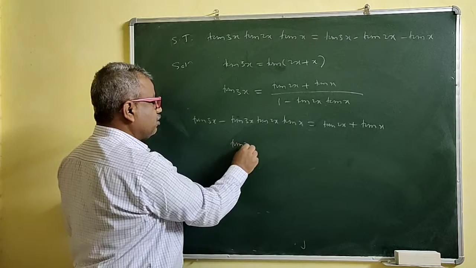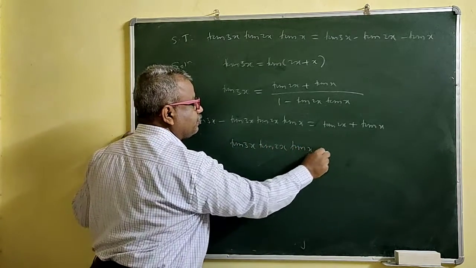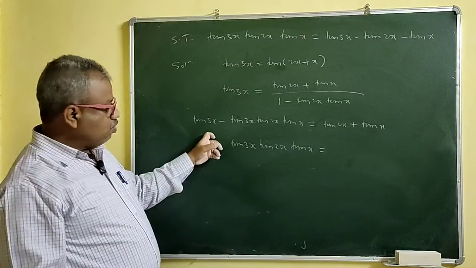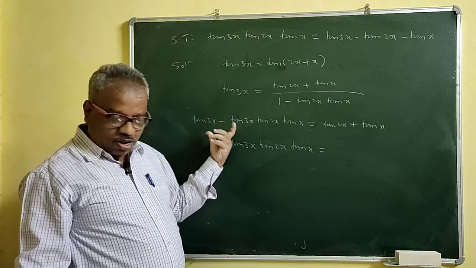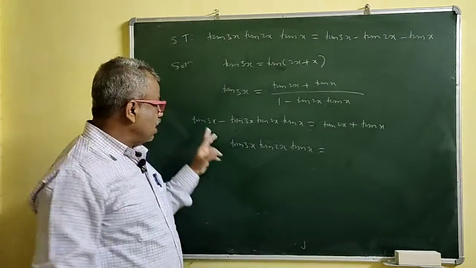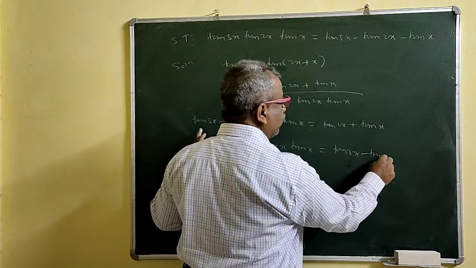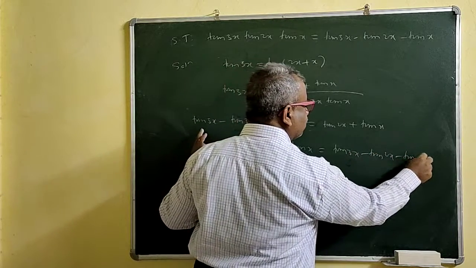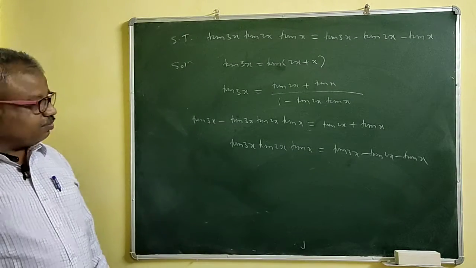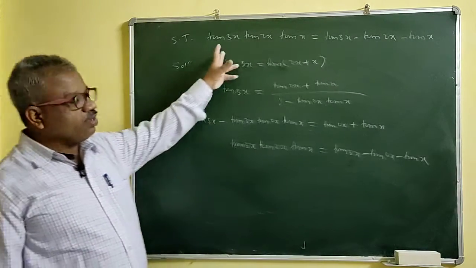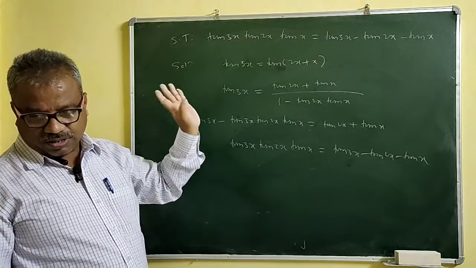Tan 3x tan 2x tan x is equal to tan 3x minus tan 2x minus tan x. Just like that, we are through. Very simple, right? Taking the LHS and proving the RHS does not work here.